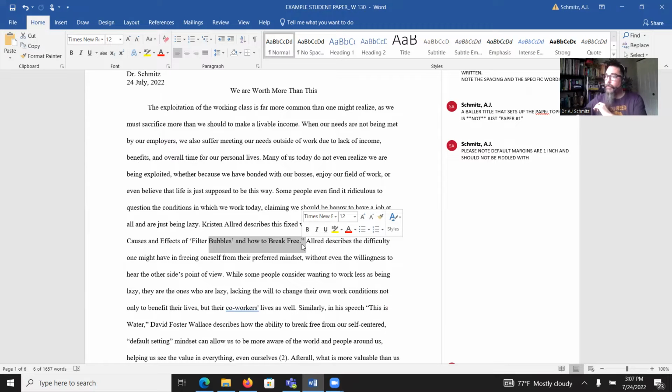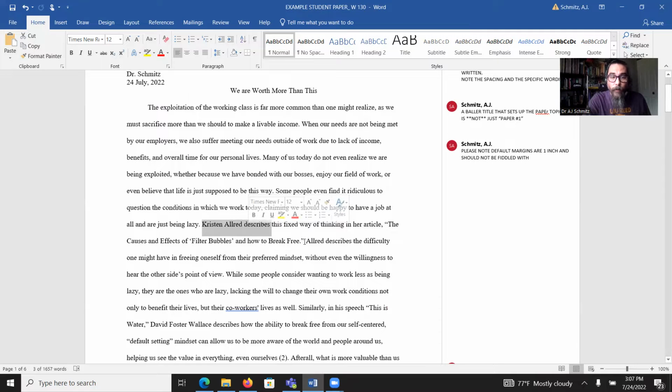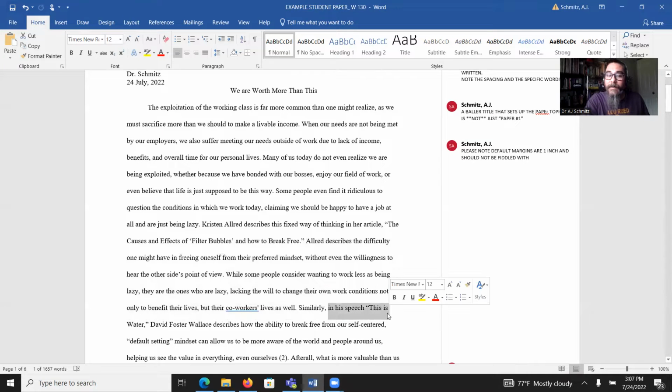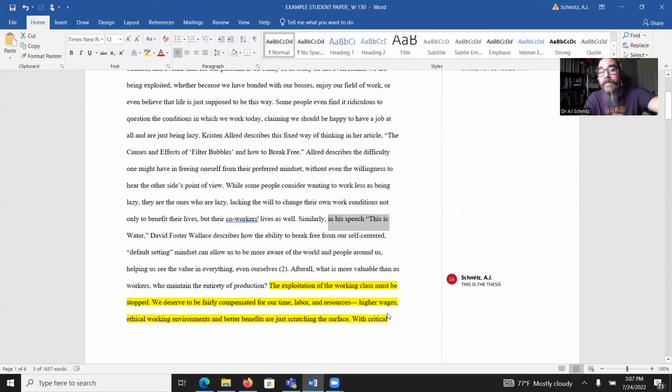Again, we're not just repeating anything that is coming from the authors, from the texts. We have our own issue, our own problem that is important that we are going to fix. And as we move through here, we can also see that after we introduce Allred and we discuss how Allred works in conjunction with the argument that is being set here by the author, then we introduce our second text, David Foster Wallace, and we do the same thing.